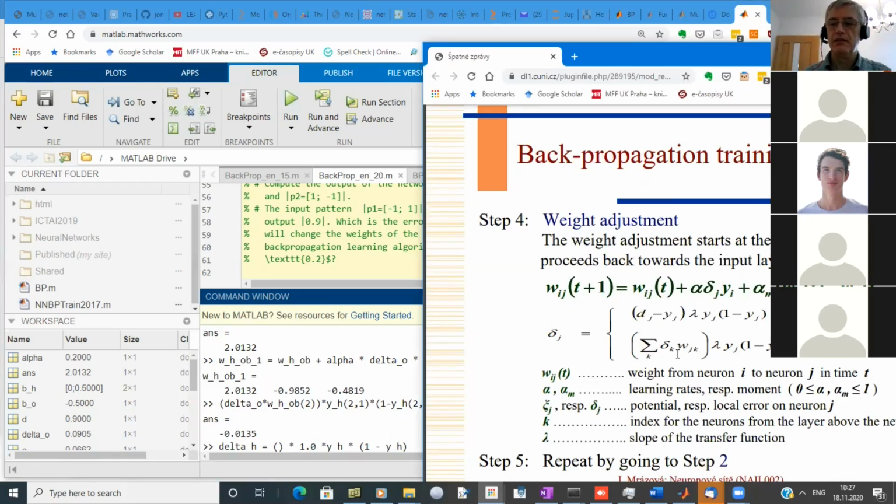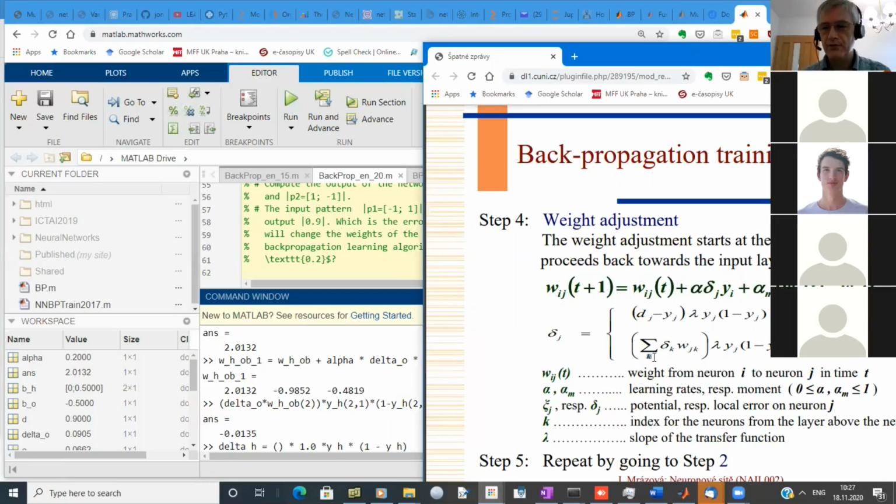Delta K is the delta on the output layer, multiplied by the weight from the hidden layer and summed, and the sum is over all neurons in the output layer. In the output layer we have now just one neuron.